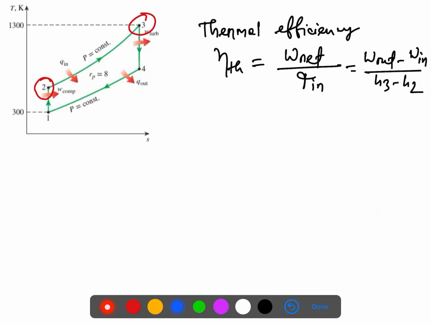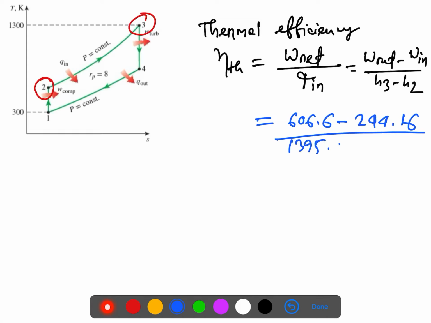So now if we substitute all these values here, the work output is 606.6 and the work in is 244.16, and we know h3 is 1395.97 minus h2 is 544.35, so it will be 0.426 or 42.6%. So that's how we can calculate the efficiency of this Brayton cycle.